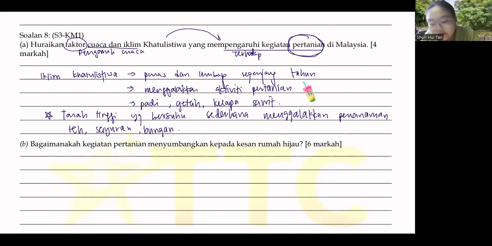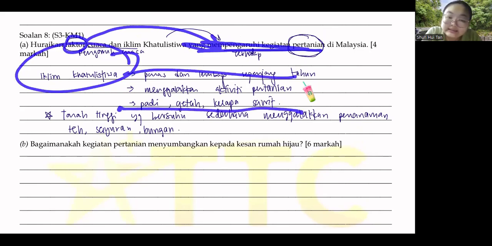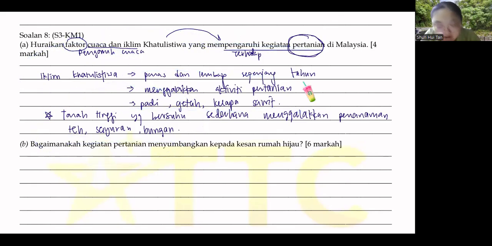You see, the top one, they ask you, explain the factor that affects pertanian. Then you tell me, khatulistiwa, panas dan lembab, sesuai untuk menanam padi, getah, kelapa sawit, tanah tinggi, sederhana, plant sayuran. But the next question, they ask you, how? Bagaimana kegiatan manusia menyumbang kepada kesan rumah hijau?